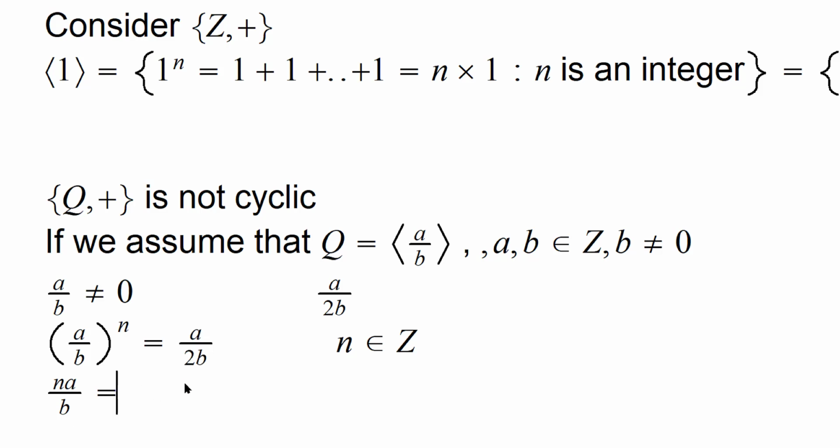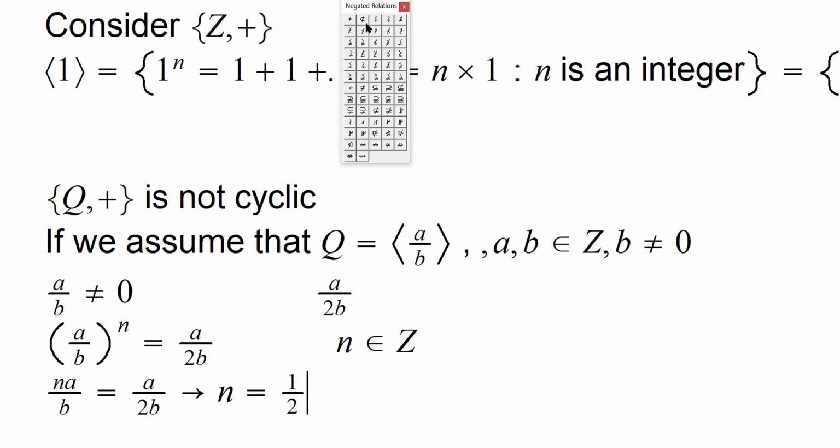And n, of course, will have to be non-zero, because otherwise A over B will become 0, in contradiction to our assumption. So if we make cancellations, what do we get? n equals 1 over 2. Now 1 over 2 is not in Z, so we get a contradiction, right?